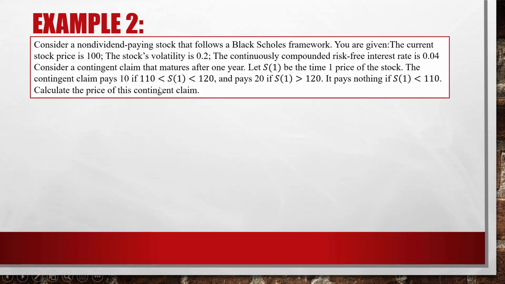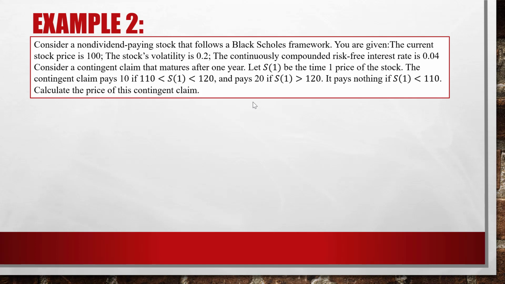If we consider the first option using K is 110, we see that we pay nothing if the stock price is less than 110, and we pay 10 if the stock price is greater than 110. And if we consider the second option as paying 10 if S of T is greater than 120 and nothing when it's less than 120, then we have another option.